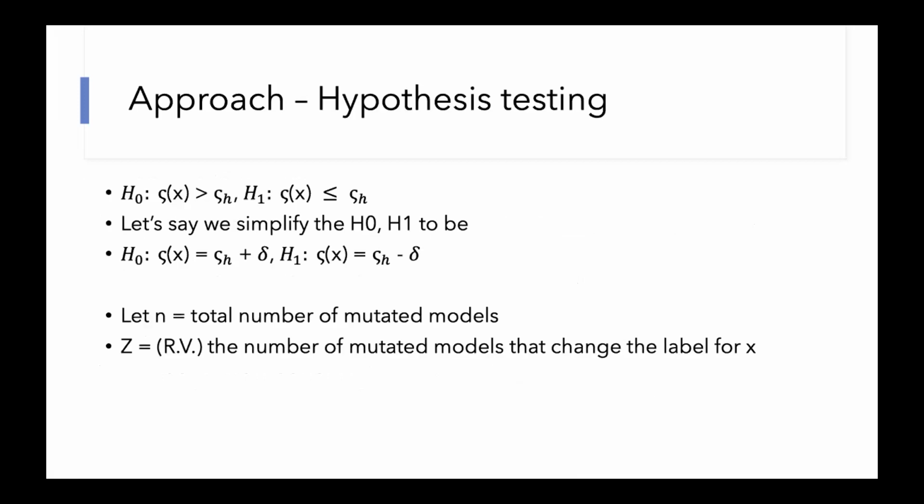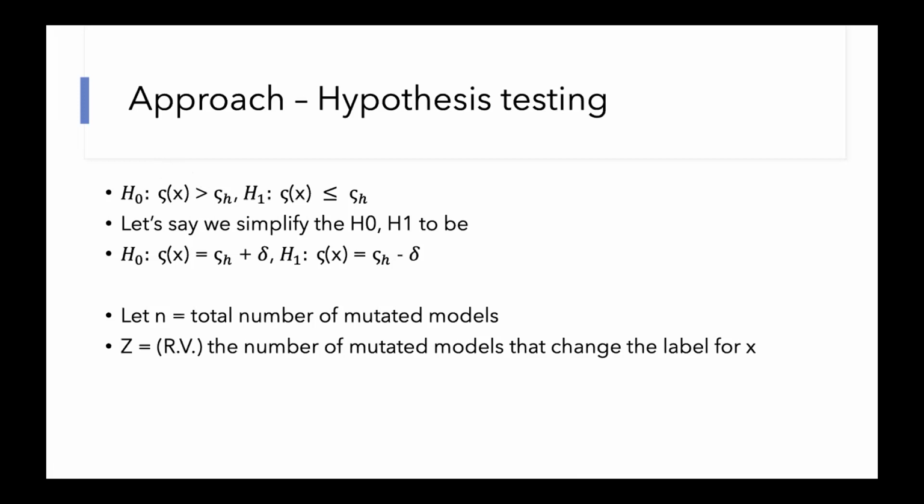Epsilon h is picked before we do the hypothesis test, but epsilon x involves some random variable, so we need to test it.